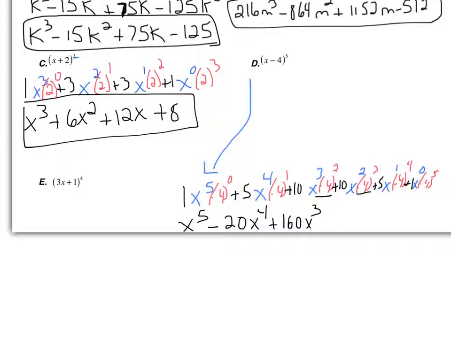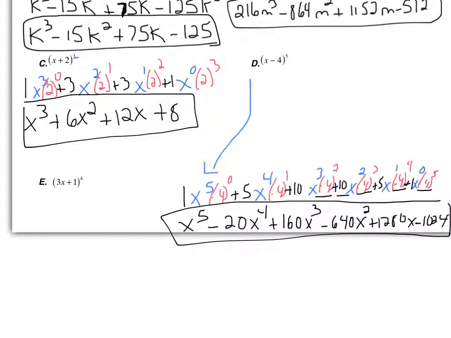And then negative 4 cubed times 10, and negative 640x squared. And then negative 4 to the 4th power times 5. So we have 1280x. And then negative 4 to the 5th power times 1. So we have negative 1024. And then remember that it's x to the 0, so the x goes away and we just have a constant.